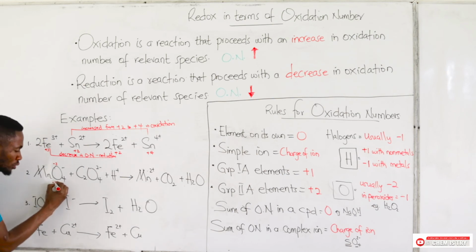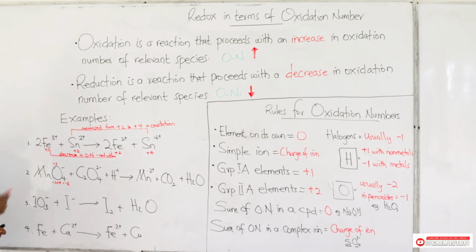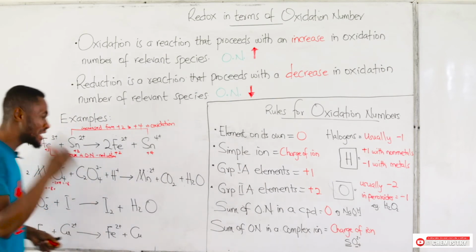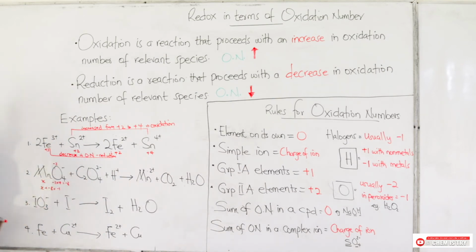That is -2 times 4, and that will give us -8. And the manganese, we don't know, so we represent it with the letter X. But when we add the oxidation number of manganese, which is X, to that of all the oxygen atoms, which is -8, we are supposed to get the charge of the complex ion. And the charge of the complex ion is -1. So our X becomes equal to +7. So the charge for manganese over here will become +7.